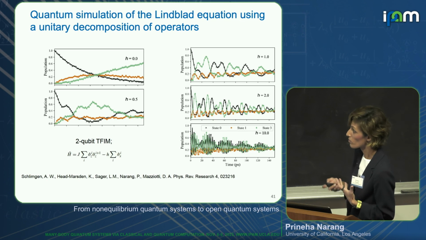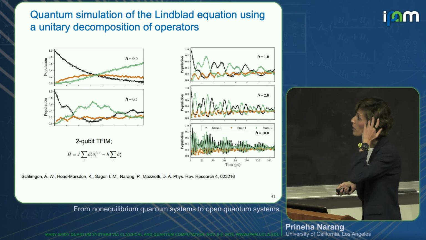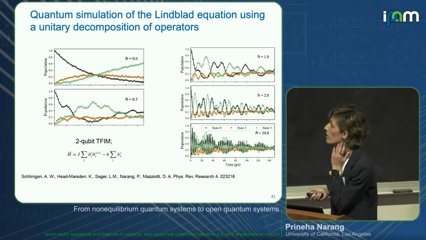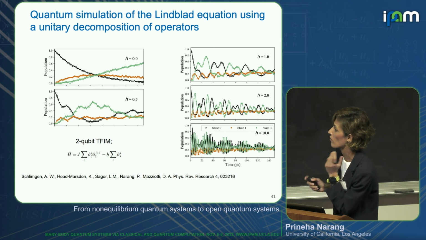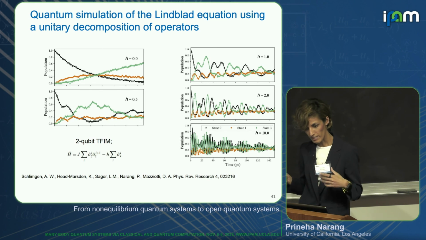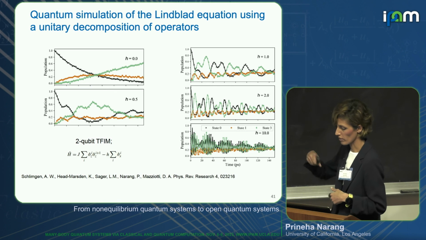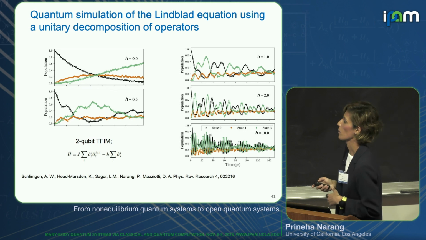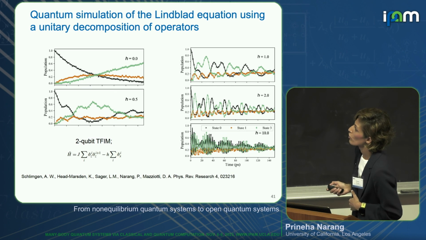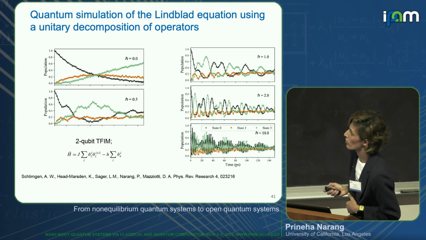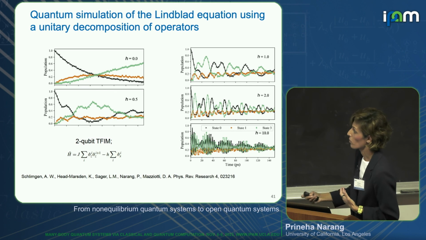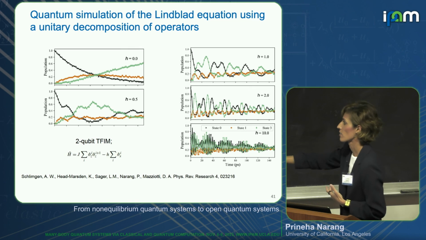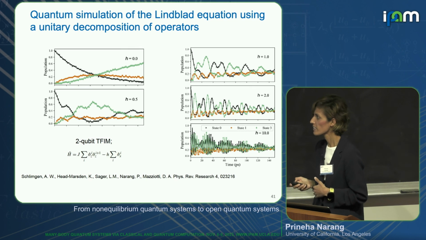So again, still simplified, but maybe less simplified than before. And this is a scenario where we have on-site terms and a set of terms that describe the nearest neighbor type coupling. Okay, so in all of these scenarios, I want to draw your attention to the fact that we can implement this method, even though we haven't shown this itself on a real quantum device.